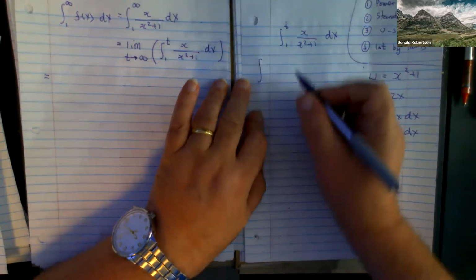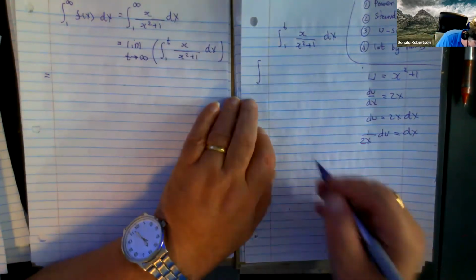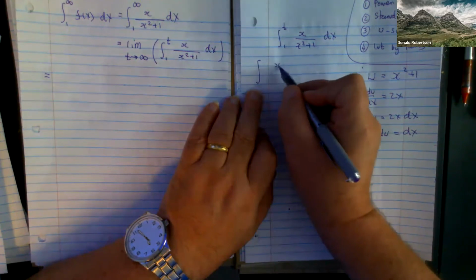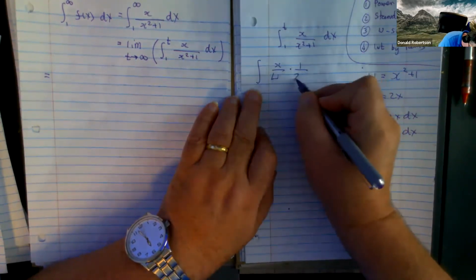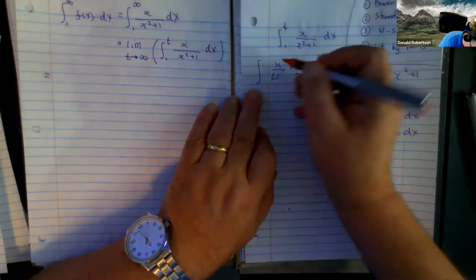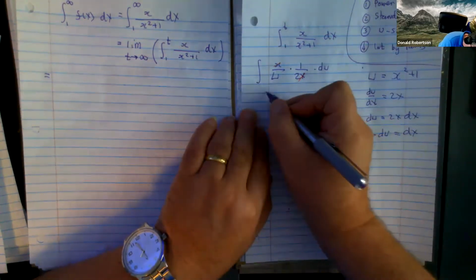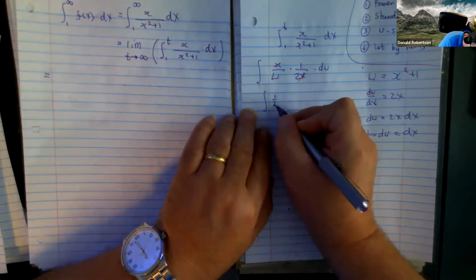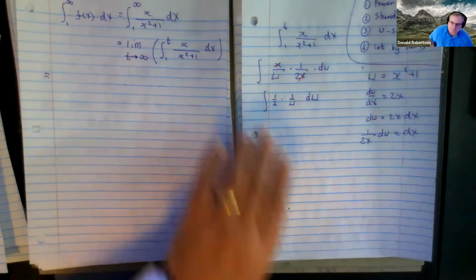This integral, and I don't put limits when I do a u-sub, I leave these blank, I have an x over u times 1 over 2x du. If things work out well, as they do here, this cancels. And I now have 1/2 times 1 over u, which is a good way to write this guy.